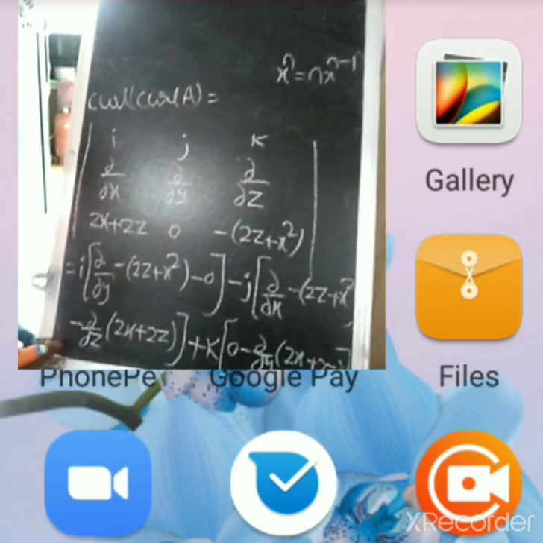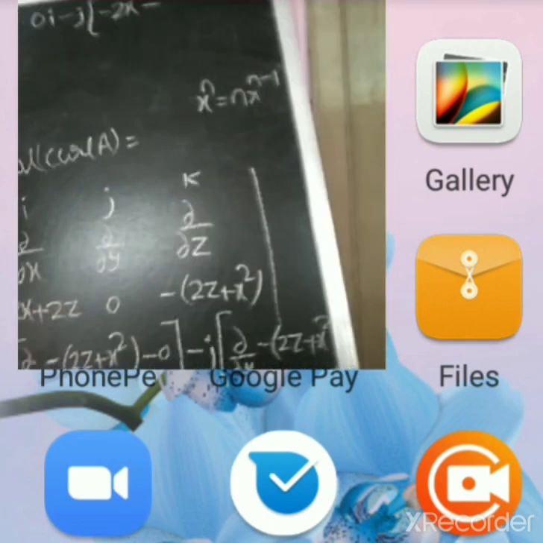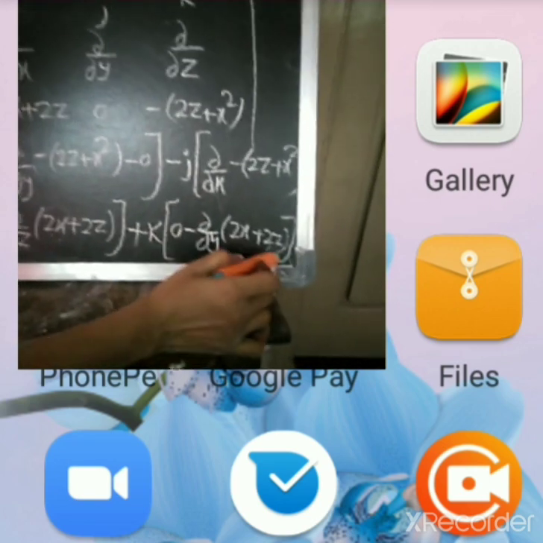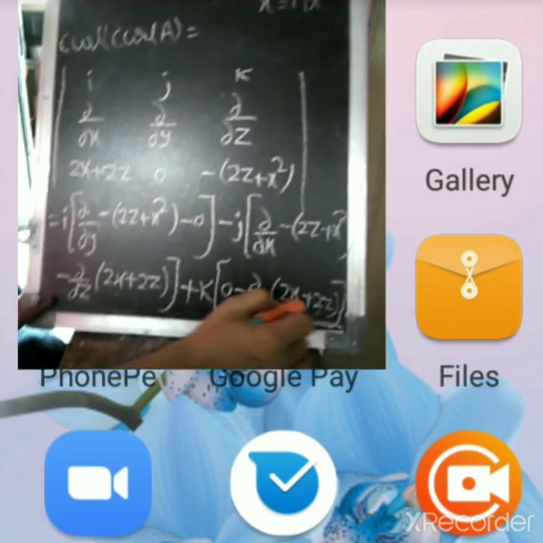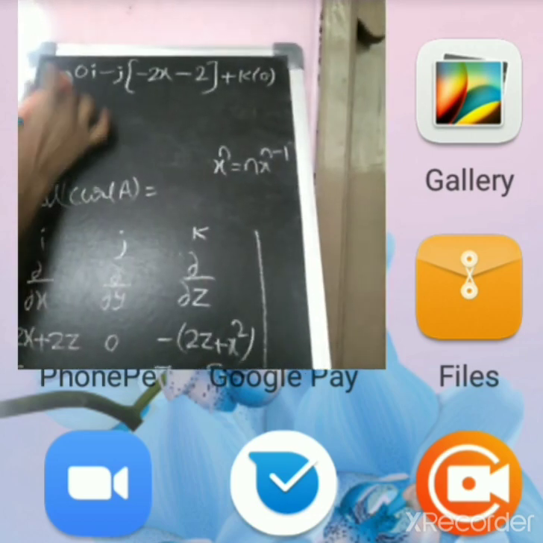Again with respect to z, 2x has no z value in this term, so this is 0. And here z is there, so minus, with respect to z, the value is 1 and 2. The last one is plus k into 0 minus dou by dou y of this one. In this term there are no y terms, so the total value is 0. 0 minus 0 is 0, plus 0 into k. So that is 0 i, means 0.